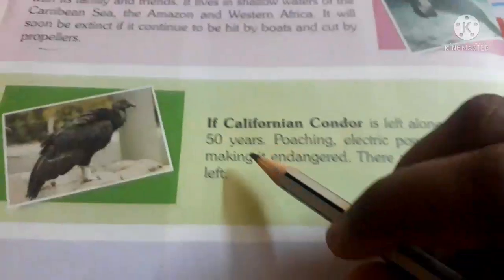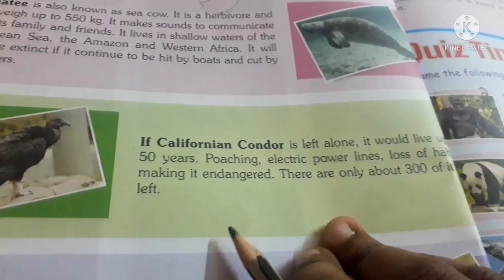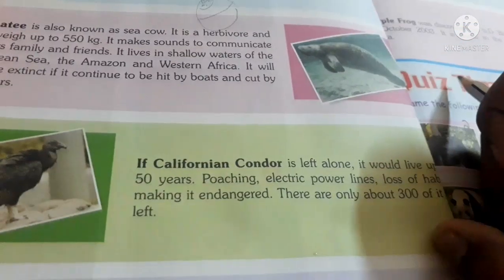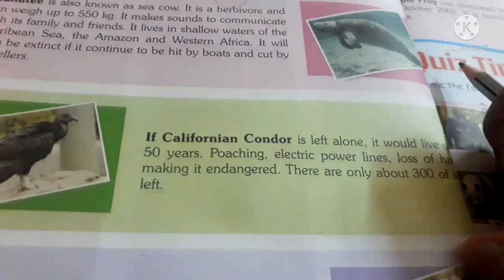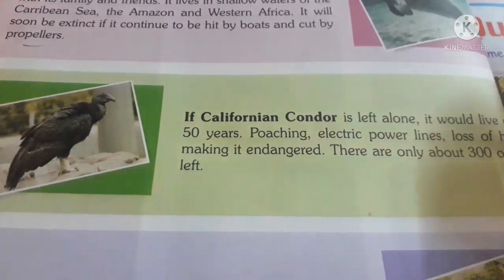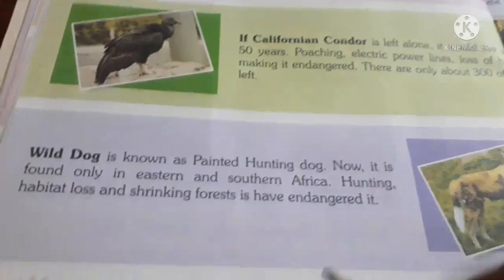If the Californian condor is left alone, it will live up to 50 years. Poaching, electric power lines and loss of habitat are making it endangered. There are only about 300 of it left now. Only 300 are living in this world. It is called Californian condor.